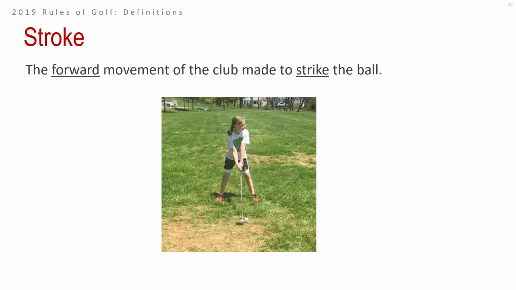Okay, sure. In a situation where a player accidentally moves his or her golf ball on the putting green, let's say while marking the ball, under the new rules we are not penalized, and we must return the ball to its spot.